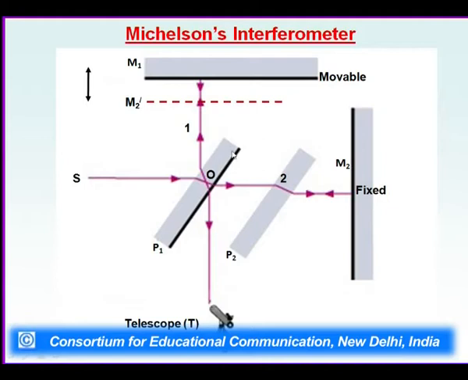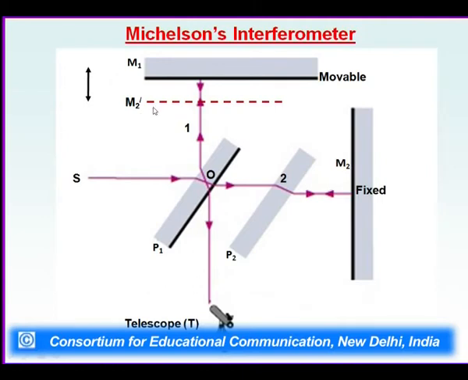Here is a glass plate P1 and this point is O. Glass plate P1 is partially reflecting, so we get reflected and transmitted light from here. The light from the source passes through this glass plate and is reflected towards mirror M2. The image of mirror M2 can be seen in mirror M1.